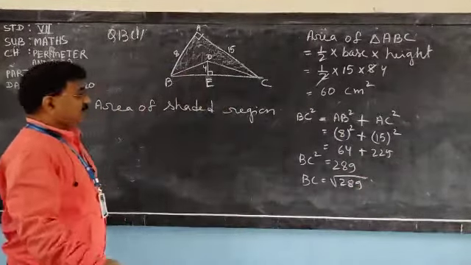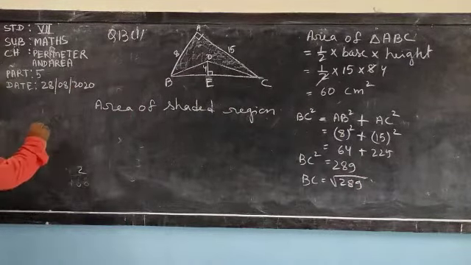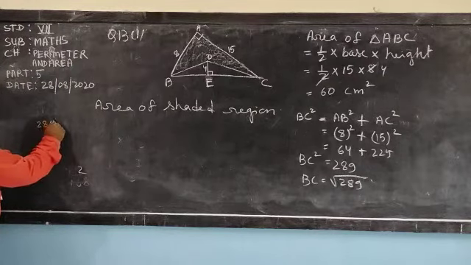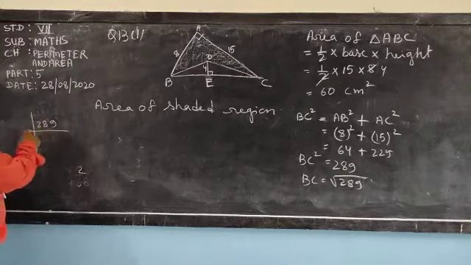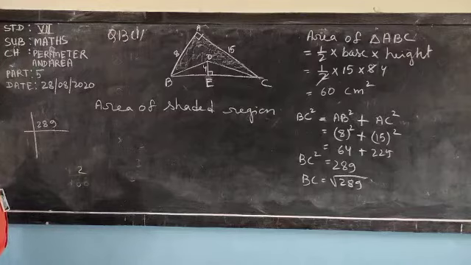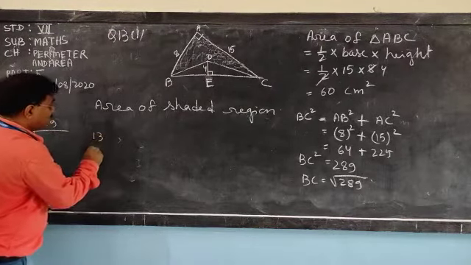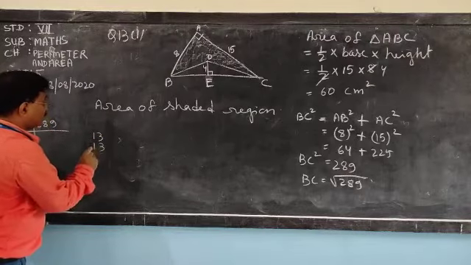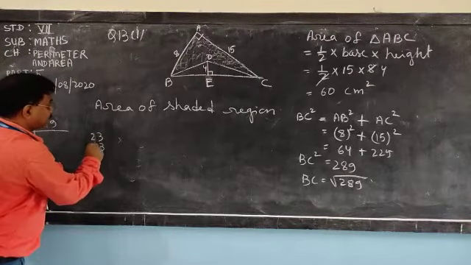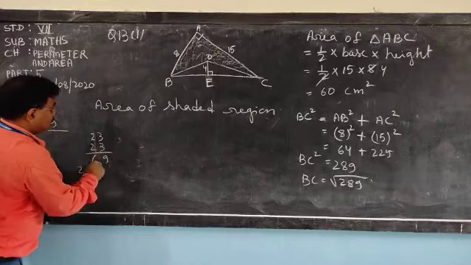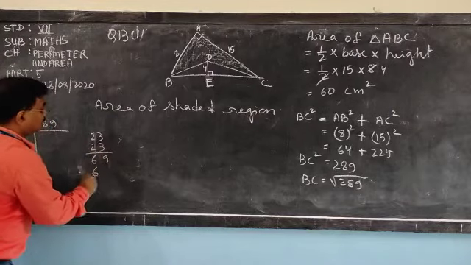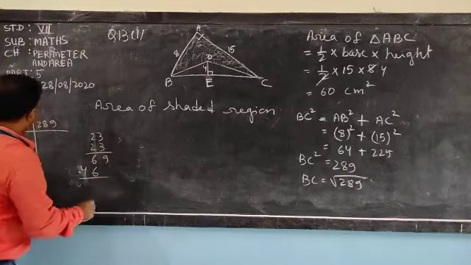And what I have told you, find the prime factorization of 289. Then let us say 13, no, 23, no, it is more.